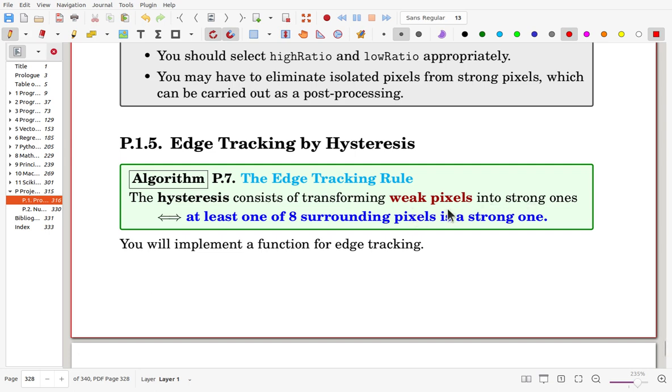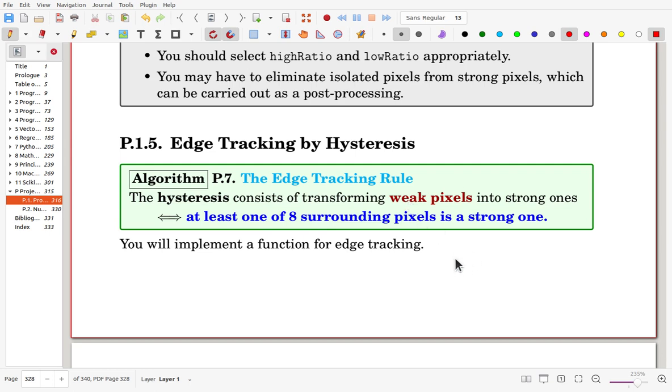So some of them will be transformed into strong ones if and only if at least one of the 8 surrounding pixels of the weak pixel is a strong one.